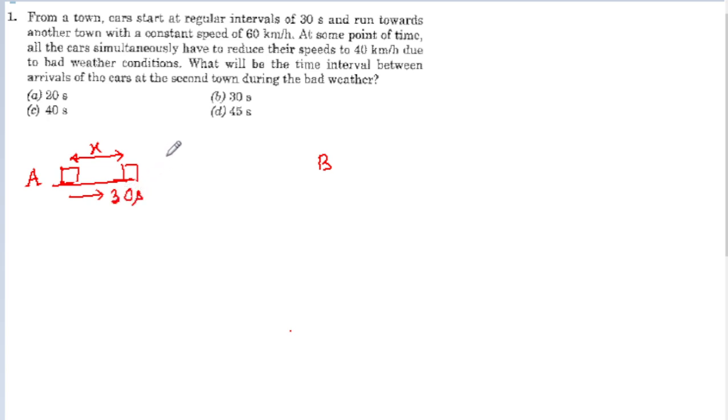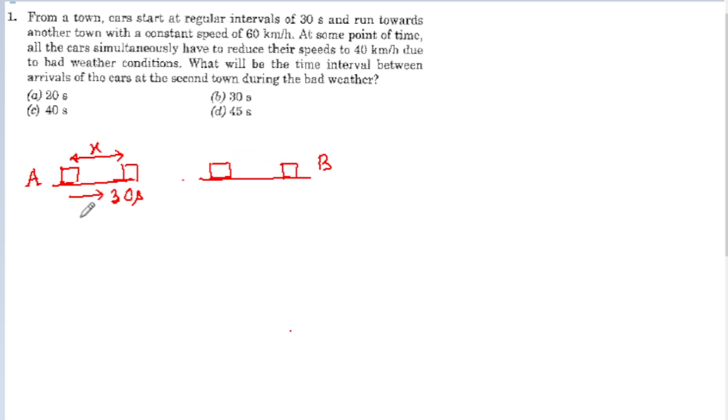It is also given that when they reach town B, suddenly the weather changes, and due to the change of the weather the speeds are reduced.